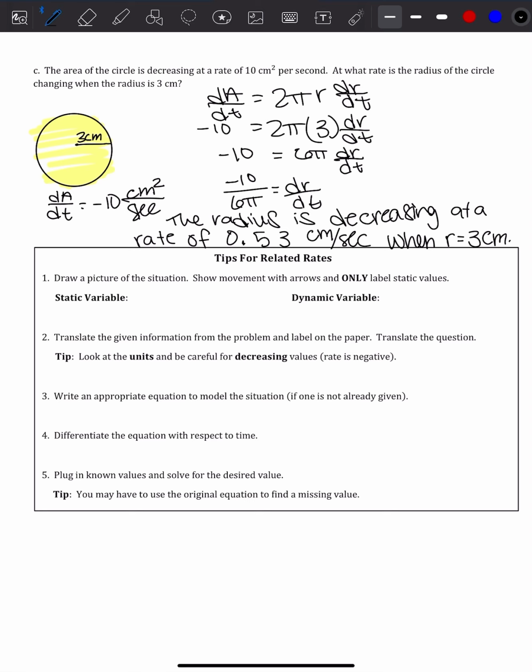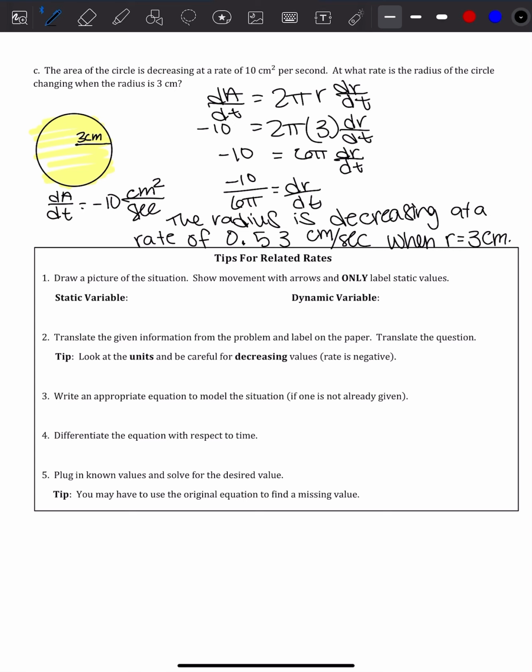Static variables are the variables that are consistent. They are not changing. They are the same every single time. Dynamic variables are ones that are changing. They show movement. Finding the area as a movement is a little bit harder than finding the radius. We can use arrows to show which direction it's going.